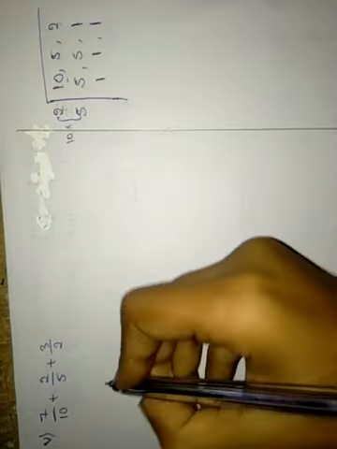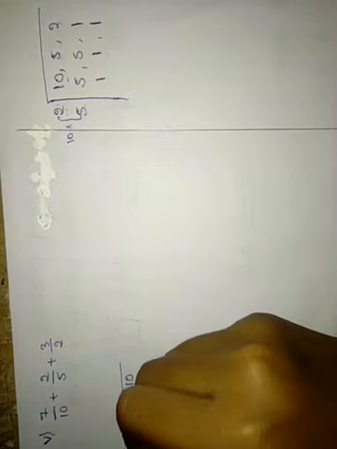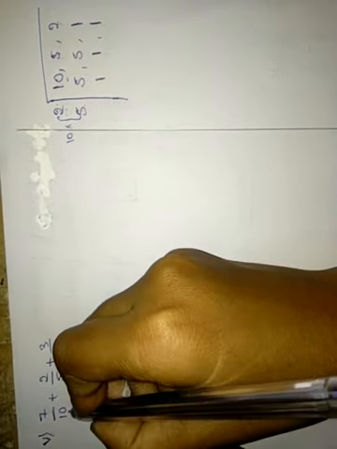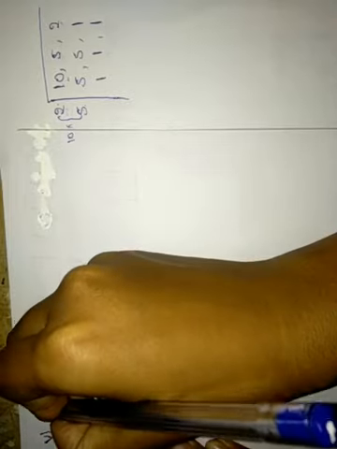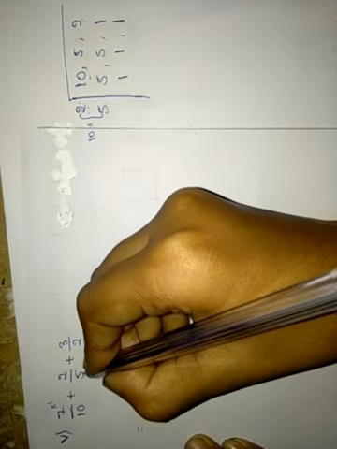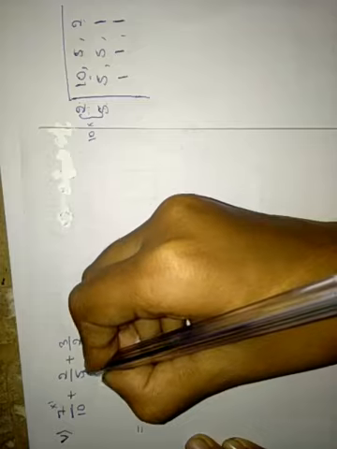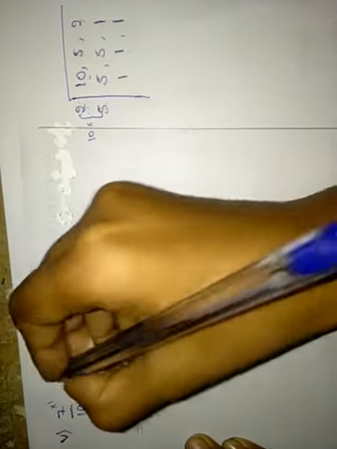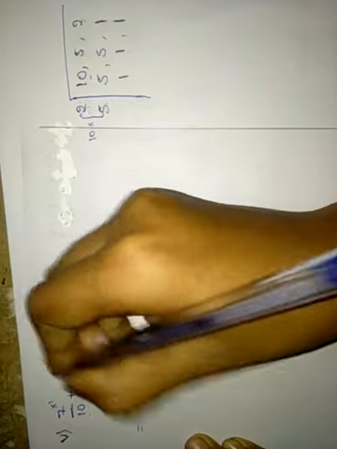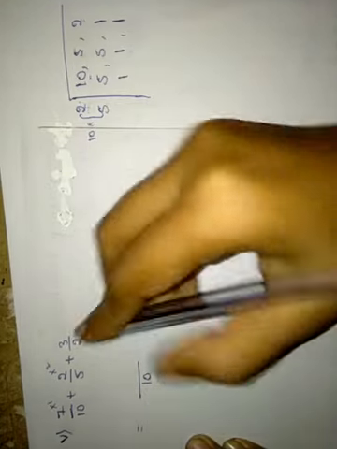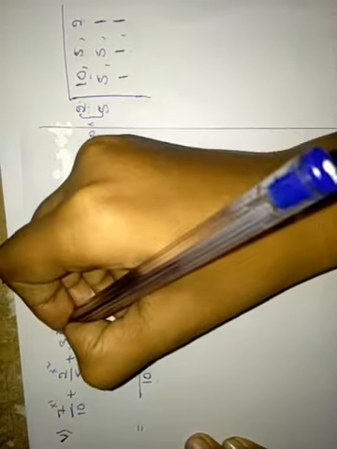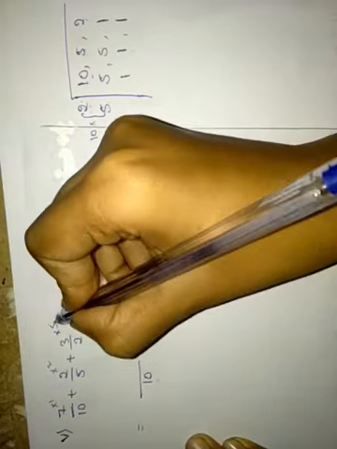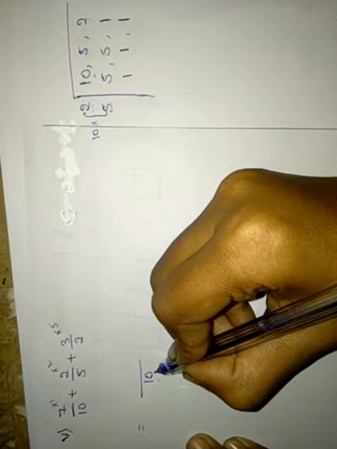We'll write here LCM is 10. Here already the denominator is 10 only, right? So we'll multiply it by 1. Here the denominator value is 5. To make this 10, I will multiply it by 2. 5 2s are 10, right? And here it is 2. To make it 10, I will multiply it by 5. 2 5s are 10. You can observe it here.